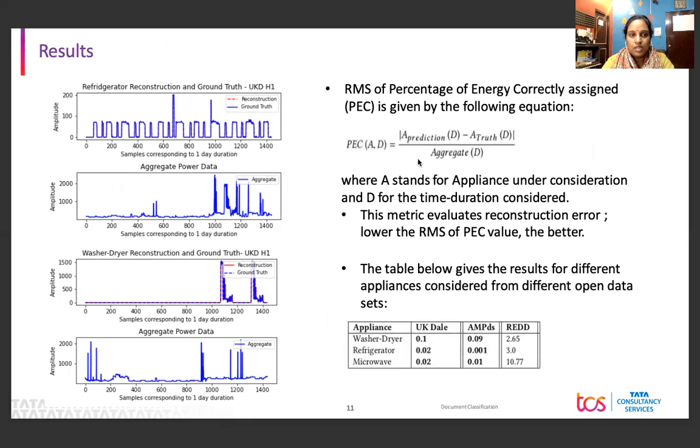The results show that from low power consuming appliances such as the refrigerator to high power consuming appliances such as the washer dryer, we have near perfect reconstructions. When we calculated the RMS of percentage of error energy correctly assigned, which evaluates the reconstruction error, we found very low values across the different appliances and for different data sets, which shows that the framework is generalizable across geographical contexts as well.